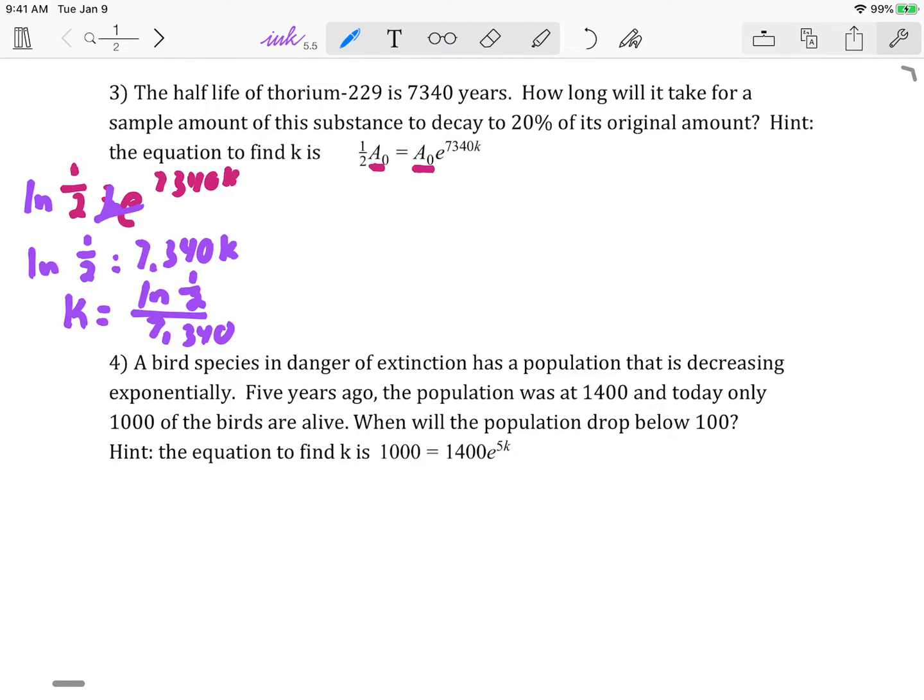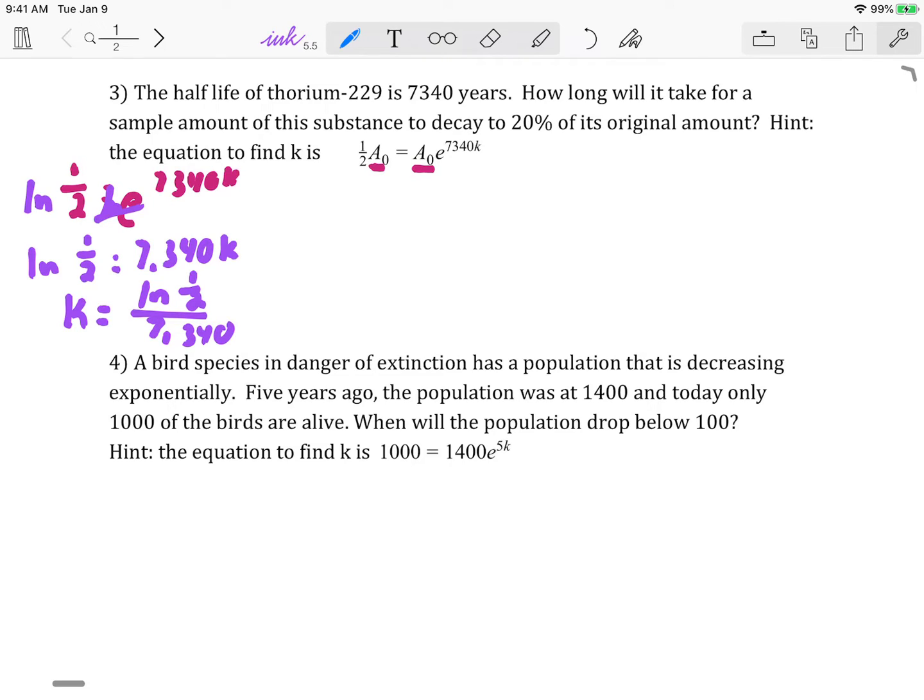But I'm going to do something else, because now I don't want half-life anymore. I don't want to know when it's going to fall to half of its original value. I now want to know when it's going to fall to 20% of its original amount. So I can't use that 7,340. All I really know is the 20%. I know k.